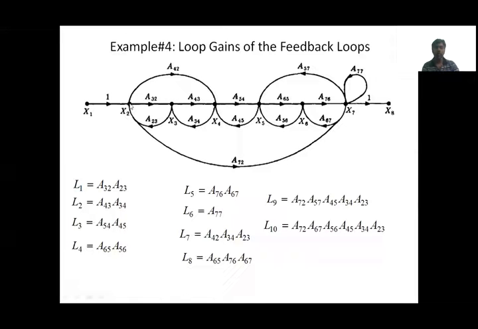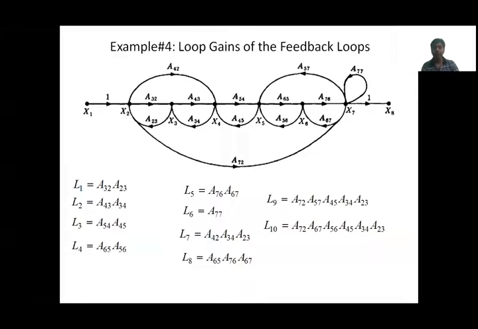Then the eighth loop: carefully observe, from x5 to x6, crossing x7, then again coming back to x5. This is L8.